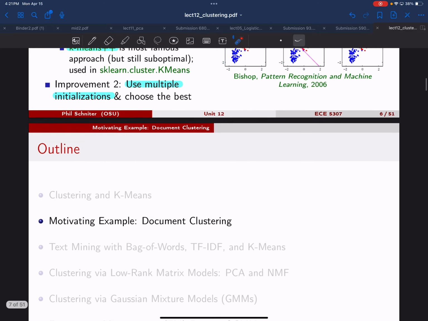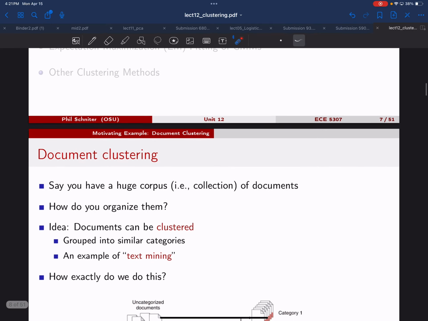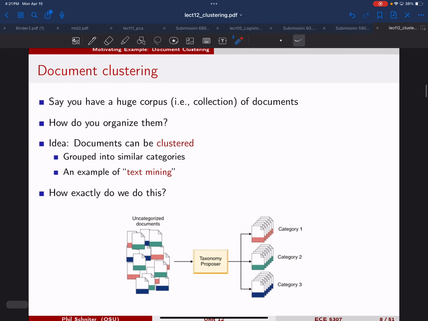Okay. All right, now let's talk about a motivating application, which is document clustering. Imagine you're given a collection of documents and you want to organize them. You don't really know how the documents differ, but you think maybe they can be clustered into similar categories, like documents about sports, science, or news, and you want to figure that out automatically.